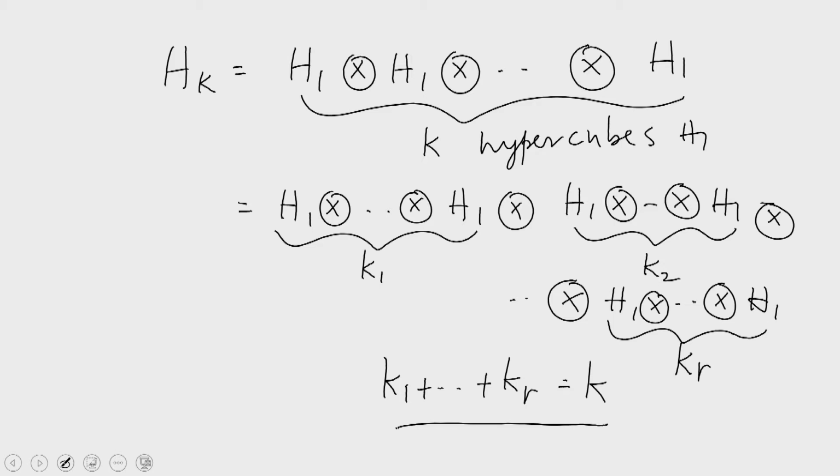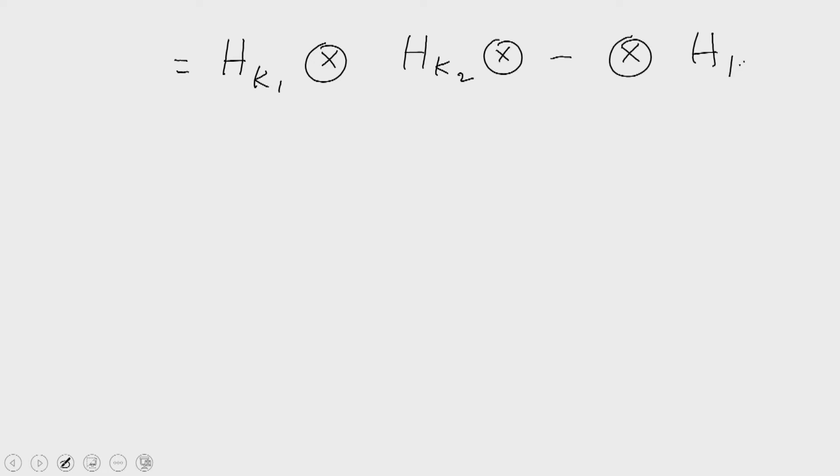But then, as we have just seen, when we take the cross product of k1 H1s, what we get is Hk1. Therefore, Hk can be expressed as the cross product of these graphs.